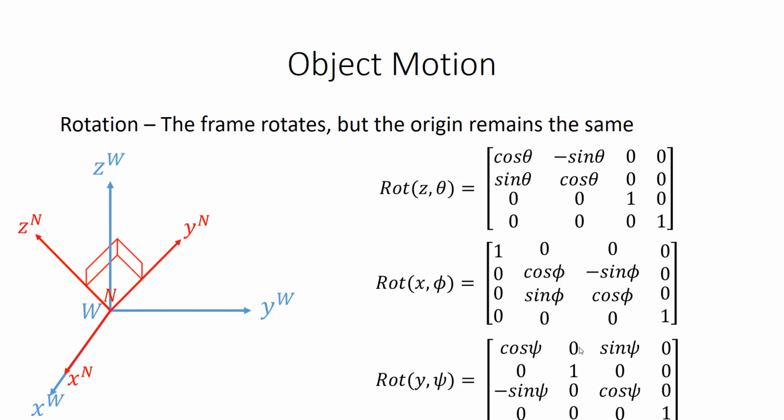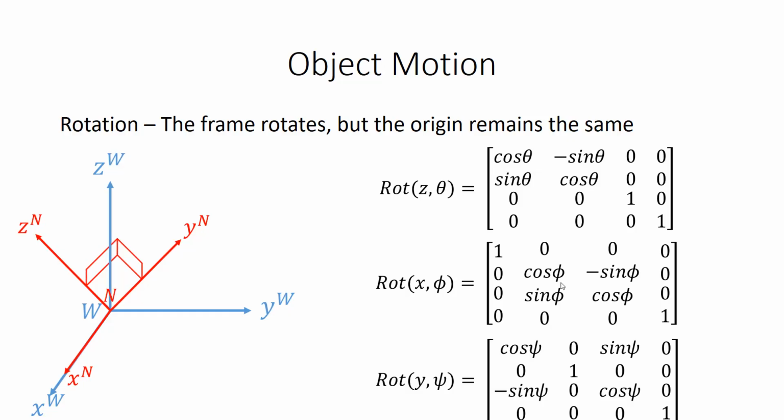But really, horizontally it's cosine, sine, and then negative sine, cosine. This one's a little weird, the y direction, but essentially for all three of these, it's the same set of values. You've got two cosines, two sines, and one of the sines is negative. That really helps me remember how to fill in these matrices. In general, any of these matrices can represent rotation around one of the axes of some parent frame.